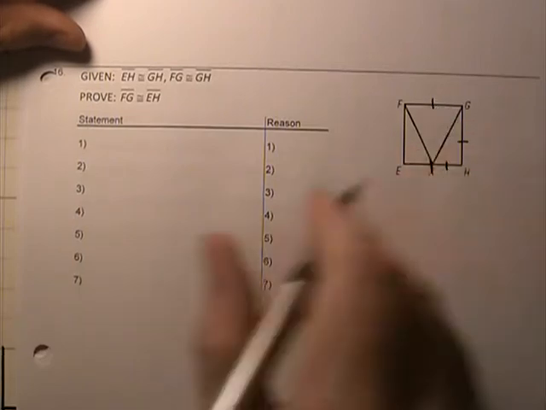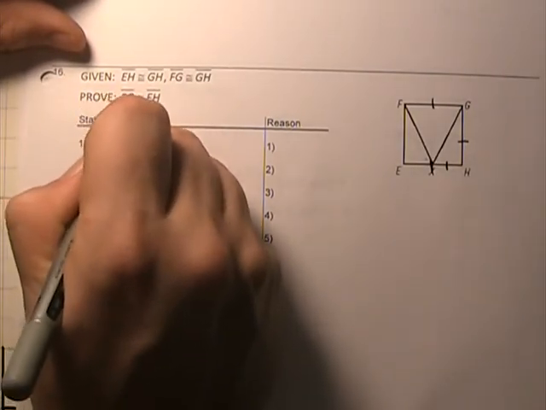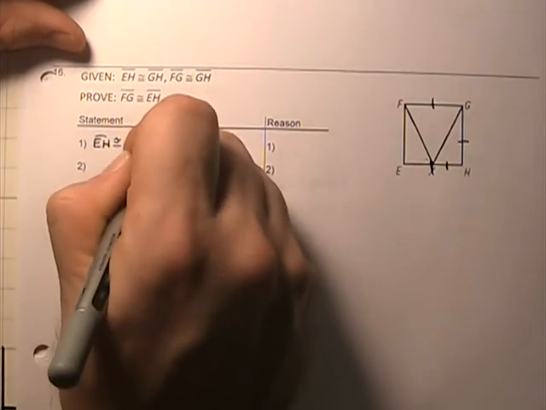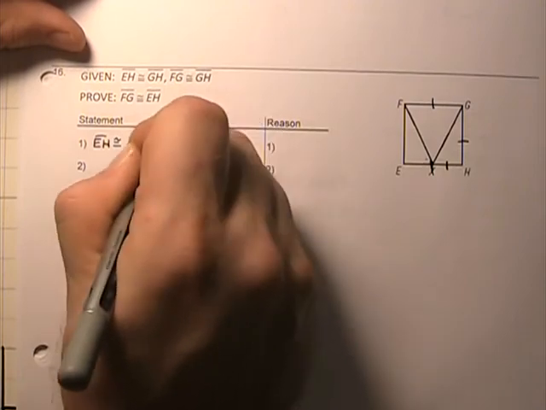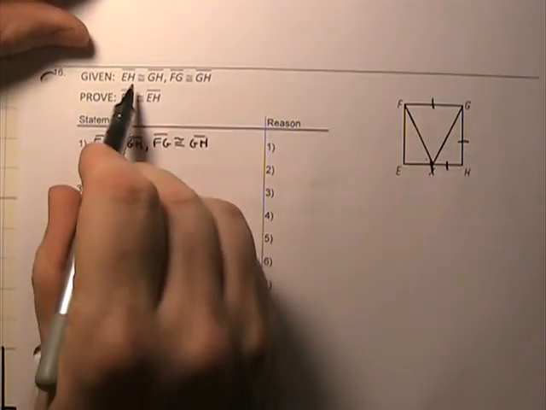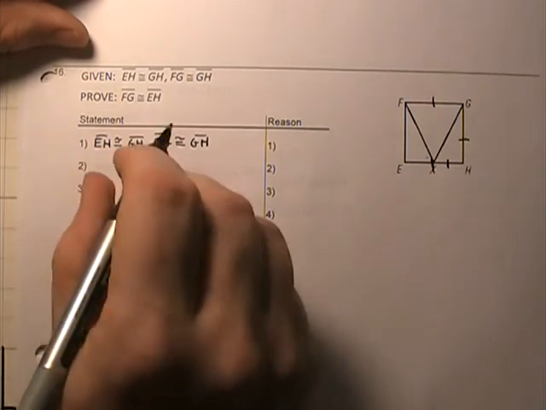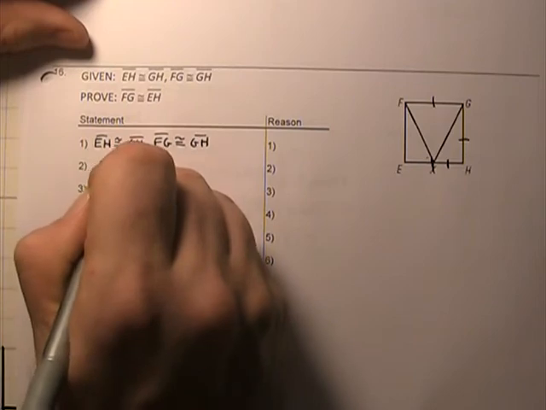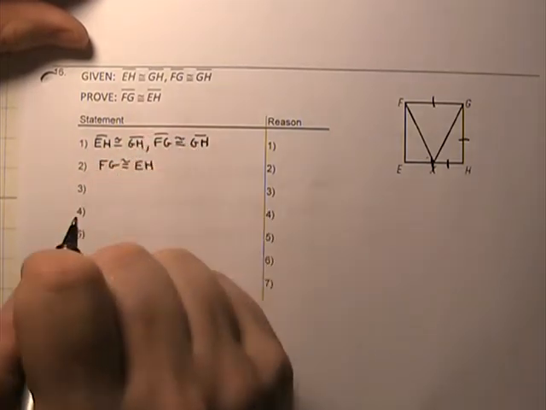Okay, well, luckily this one doesn't look too bad. EH is congruent to GH. FG is congruent to GH. And I need to prove FG and EH. That's one step. FG is congruent to EH.